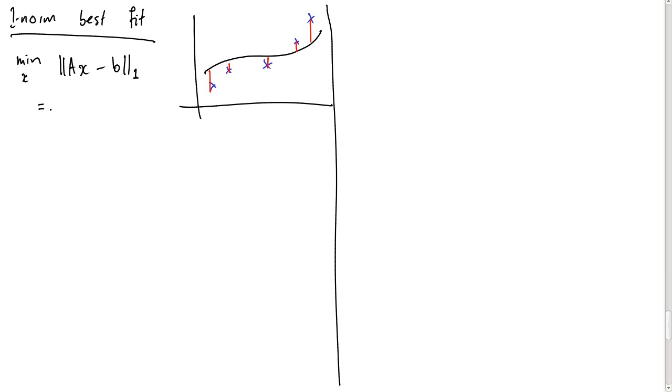Okay, so we can write that out in some slightly expanded notation once more as minimize over x the sum of the absolute value of each component. Now, one thing I haven't really done here, which I probably should have done, our matrix A is an m by n, just like it always is.